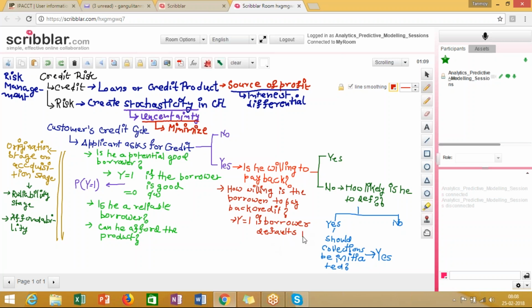If the borrower defaults in the next 12 months, it is equal to 0.